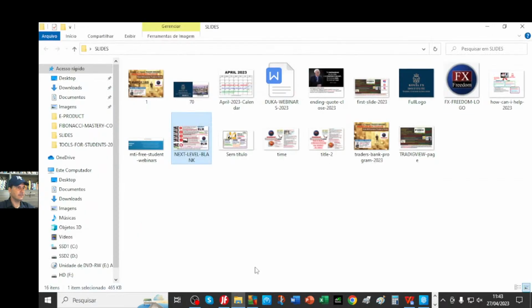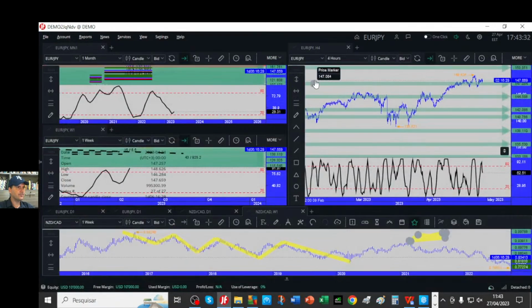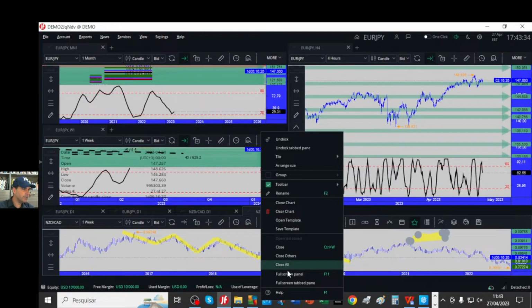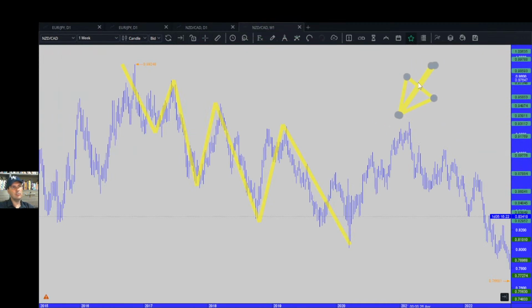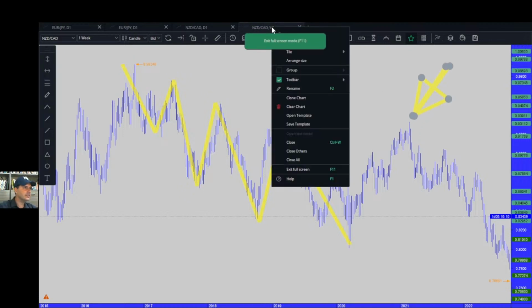Okay? But it's true. Alright, we are here. So, example number 1. Sometimes the market is going to break market structure. Okay, next example.